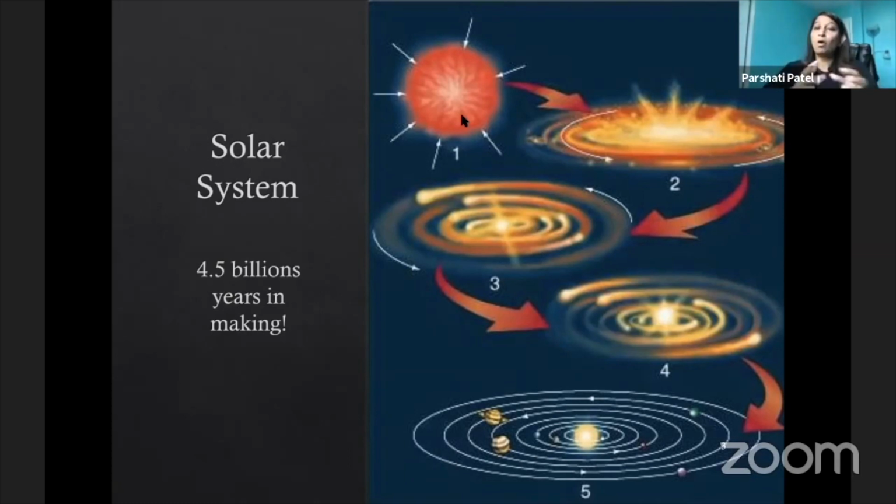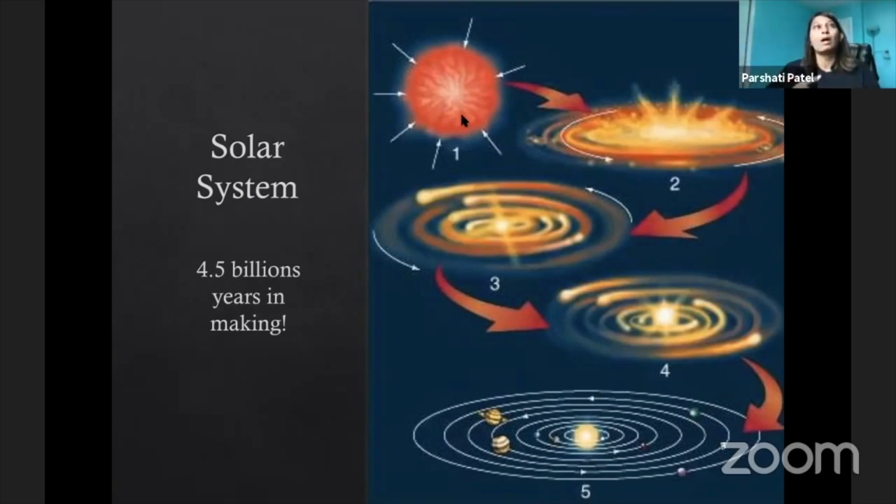You keep going and you start getting boulders by colliding and running into each other. These boulders then start forming bigger and bigger rocks, which end up forming planets, moons, asteroids, comets, all of these materials based on their distance from the star.